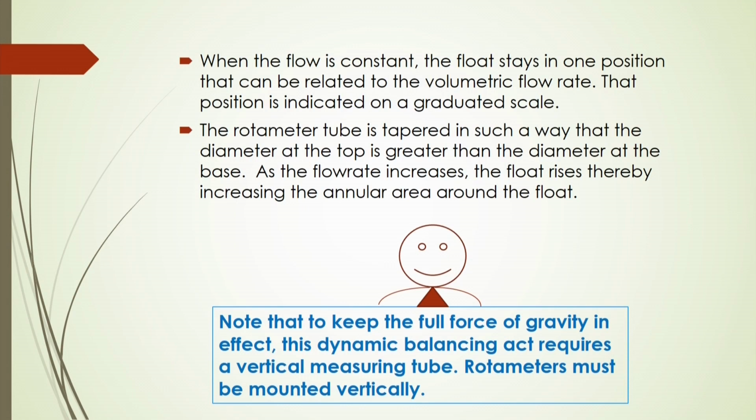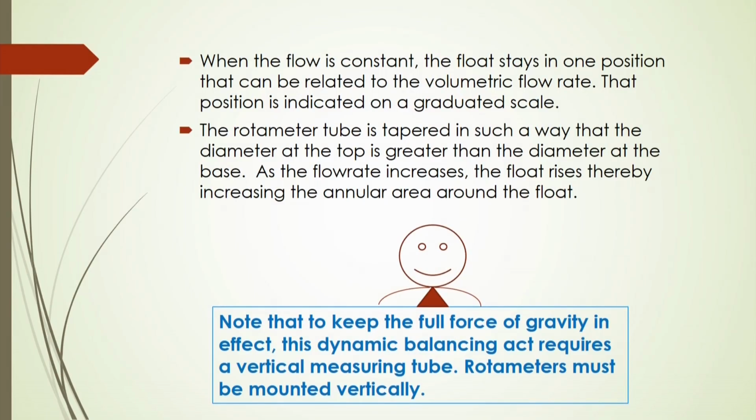So, when the flow is constant, the float stays in one position that can be related to the volumetric flow rate, and that position will be indicated on a graduated scale in the rotameter. And the rotameter tube is tapered in such a way that the diameter at the top is greater than the diameter at the base, and as the flow rate increases, the float rises, thereby increasing the annular area around the float.